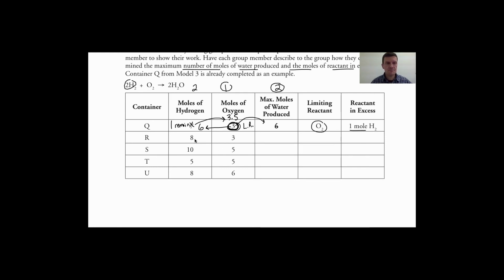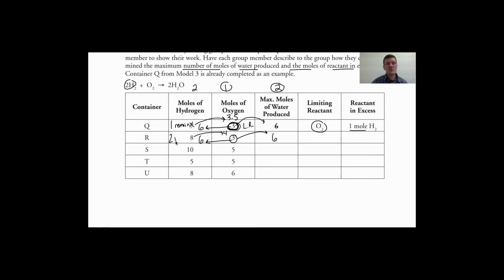So let's do this again. I have 8 of hydrogen. If I use up all 8 of hydrogen, I would need half as much oxygen, 4. Do I have 4? No, I only have 3. So again, I'm going to produce 6 waters, and 6 of the hydrogen is going to react with it.